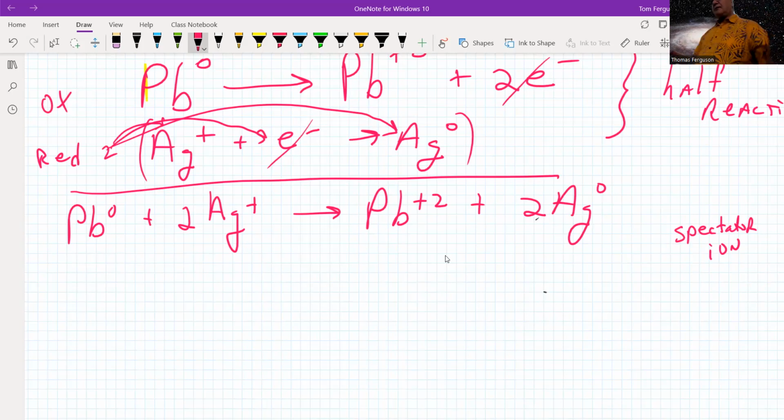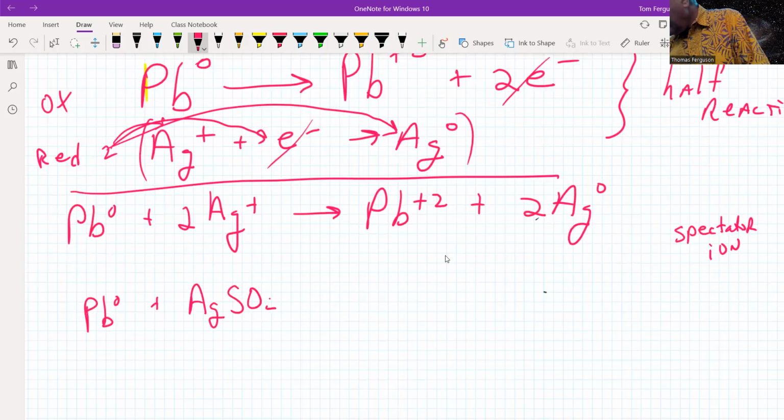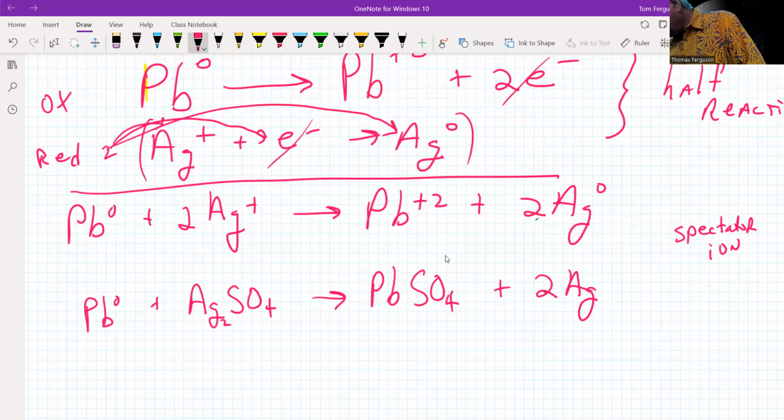So a spectator ion just kind of rides through, not changed at all. So if we were to put the spectator ion back in, we'd end up like that. So basically the spectator ion is going to nullify the positive charges.